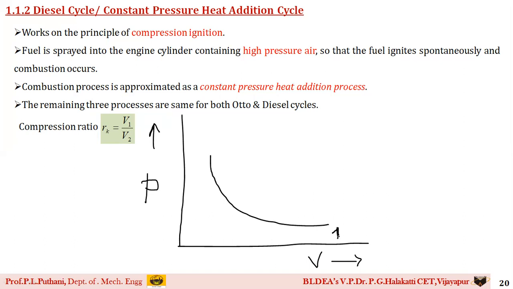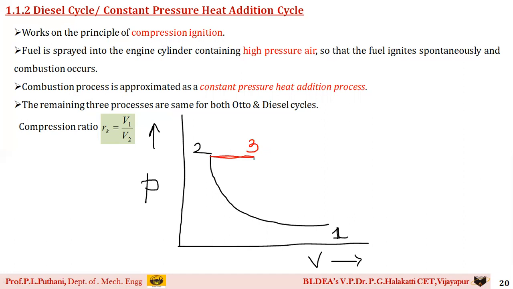So this is point 1, process 1 to 2. Then here heat addition takes place at constant pressure, students. You can see here, constant pressure means a horizontal line. You can see this is 2 to 3, constant pressure heat addition process.